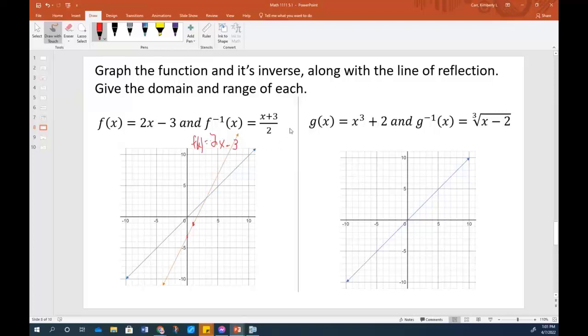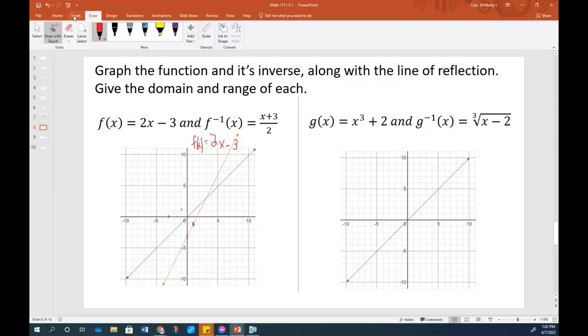This one, you know, it doesn't look quite the same in this format, but here's something I know. I know this is the inverse. So I can take these original 2 points I found, and I could easily just reverse the xy values to know where this one's going to go, because the inverse of a line is going to be another line. So this point was 0, -3, so I'm going to go over here to -3, 0. This point was 1, -1, so I'll make that -1, 1.